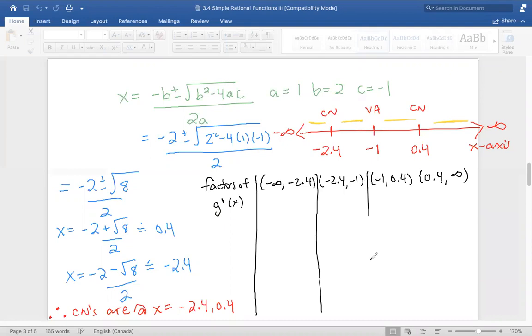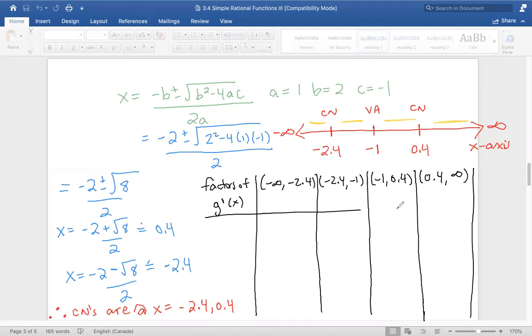And then I have to go find my factors of the first derivative. Before I set it equal to 0, what was my numerator and denominator there? Yeah, I have it here. I had 0 equaling x squared plus 2x minus 1 over x plus 1 squared.